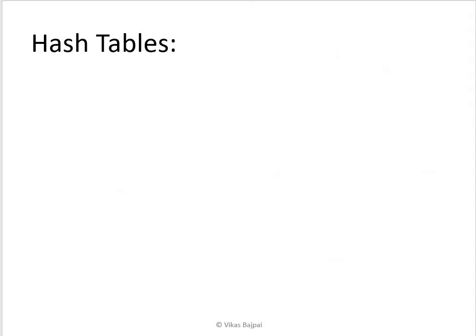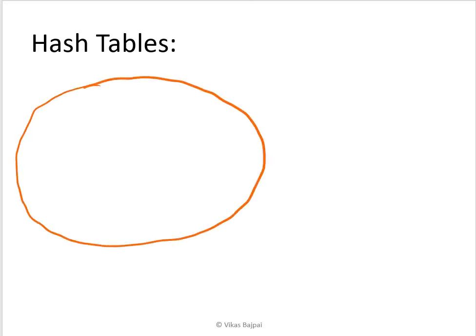So how it works actually is that we have, let's say, a universe of keys, which is u. We'll have some key values, out of which we take some keys, the actual keys. It can be some 2, 4, maybe 6, and these will be your values k.